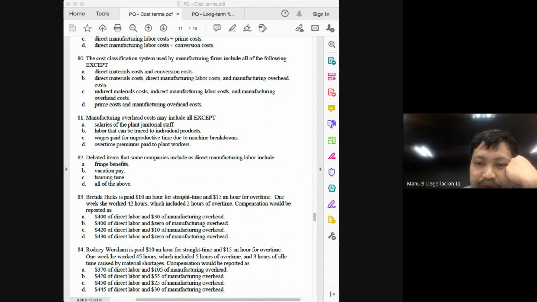Labor that can be traced to individual products, so that is direct labor, so that will not form part of your overhead. So that will be the answer. Wages paid for unproductive time, that is definitely your overhead. Overtime premiums paid to plant workers will be considered as indirect labor, so that will not be the answer unless it can be directly traced to the products.